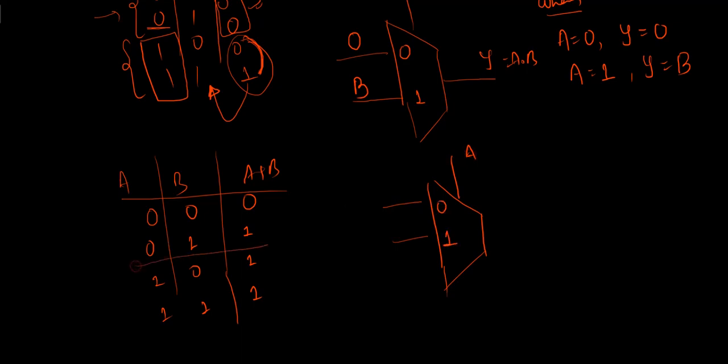If A is made 0, my output is 0, 1, that is following B. And if A is made 1, my output is nothing but 1. So this is my output and the result will be A plus B. This is the way we use a 2 cross 1 mux to design A plus B and A dot B. Any gate can be made using a mux.